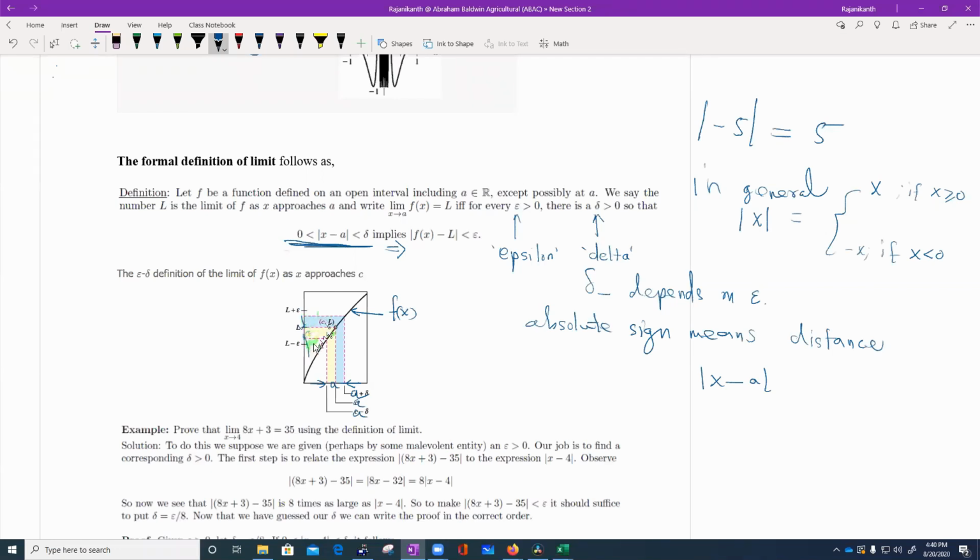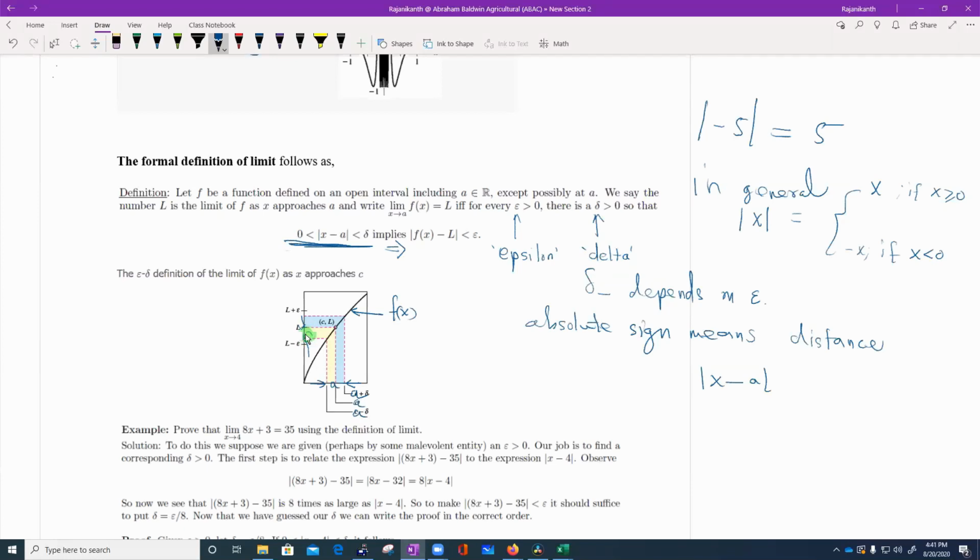That means the distance between this blue color and this L gets closer and closer when you approach, right? When you approach this point a from the right, your function value gets very close to L from the bottom, in this direction, that is in yellow color.